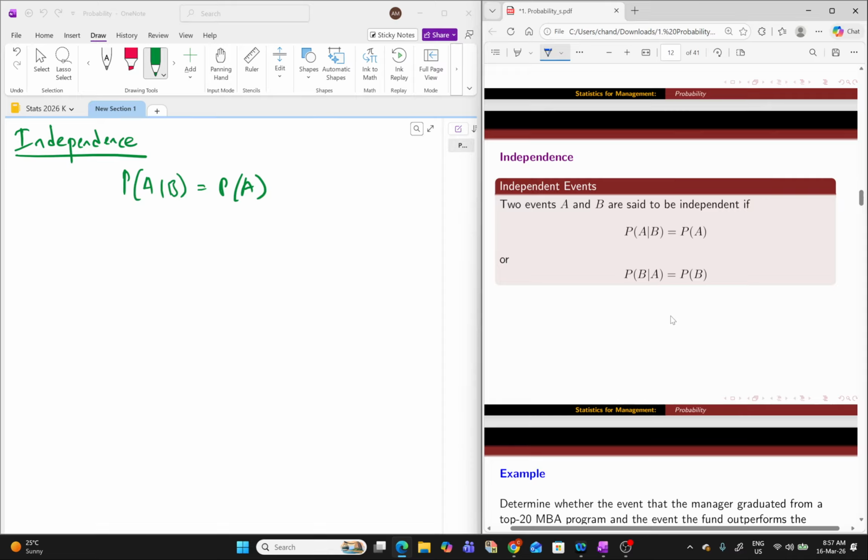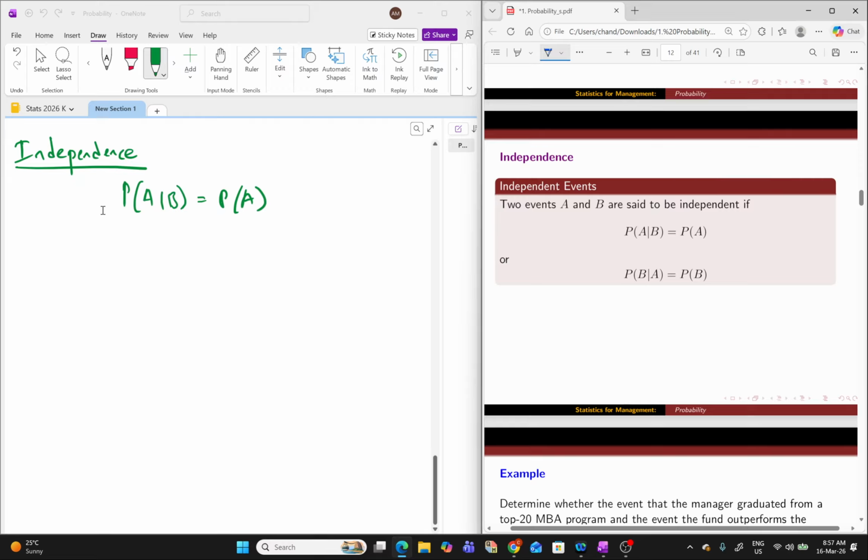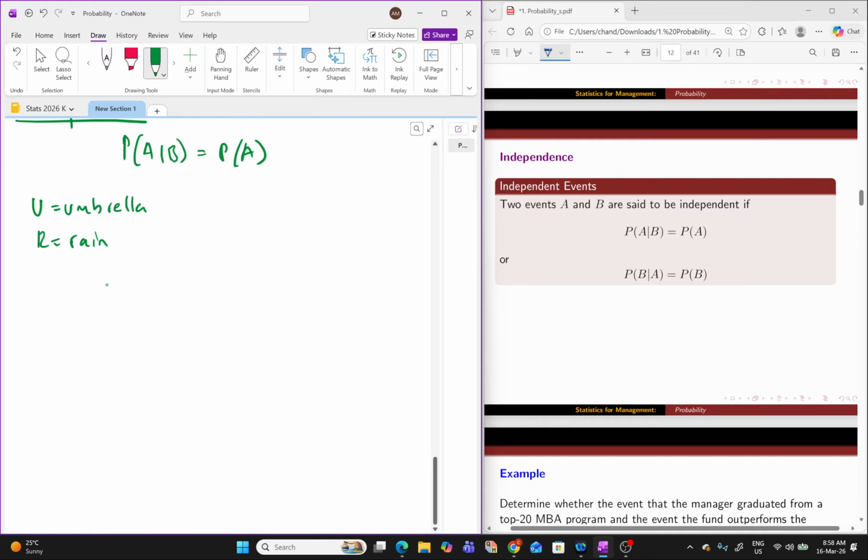To be more clear, let's say U is you bring an umbrella, and R is raining. Let's say every day the probability of you bringing an umbrella is 0.4.